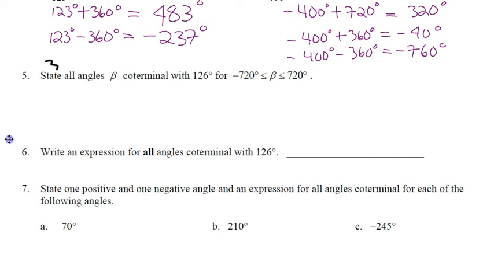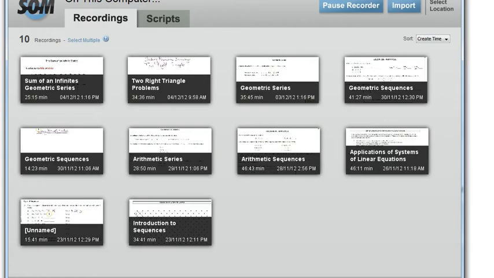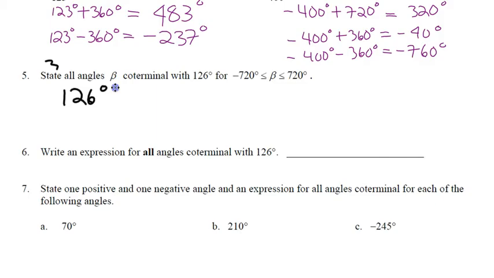And we'll subtract 360 until the same happens on the other side. That's a beta.